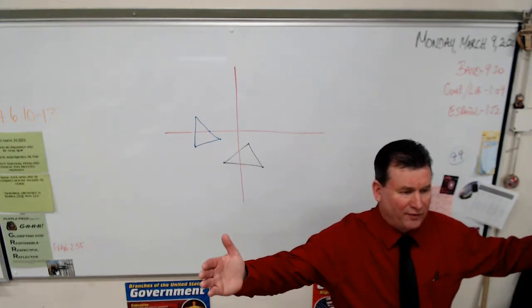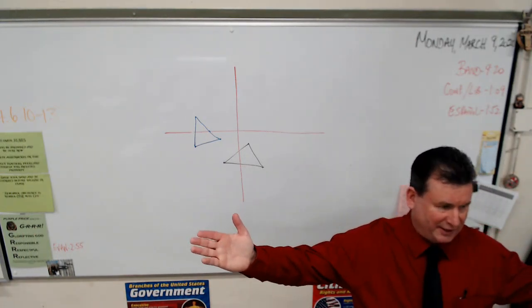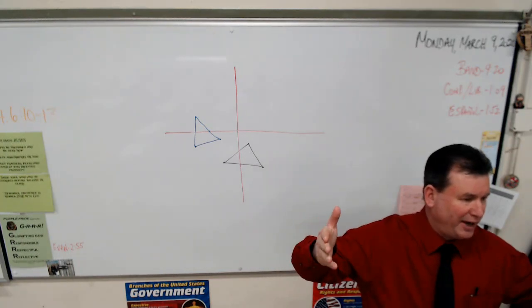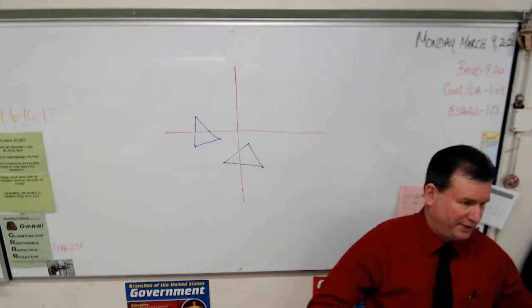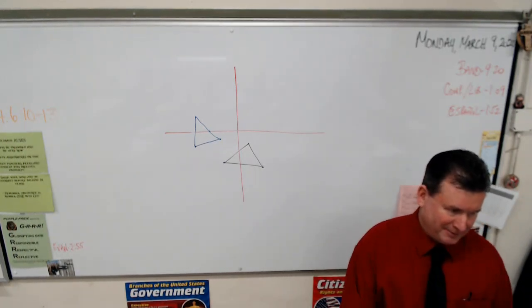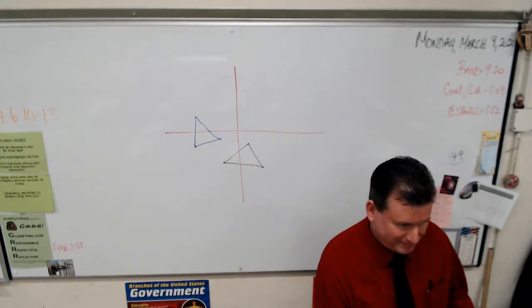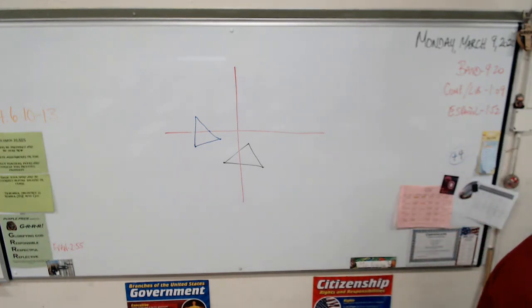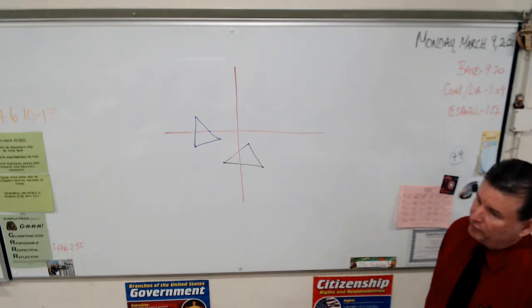Did I not cover vertices at the beginning of the lesson? I said, does everybody understand that a trapezoid has 4 vertices? The points where you put the coordinates. 15 through 18 on 412.